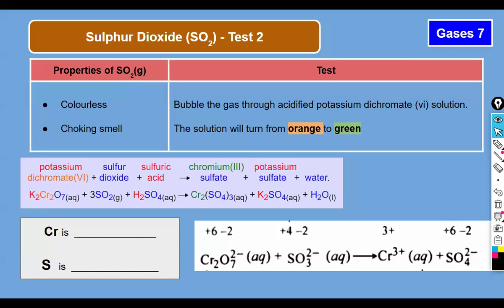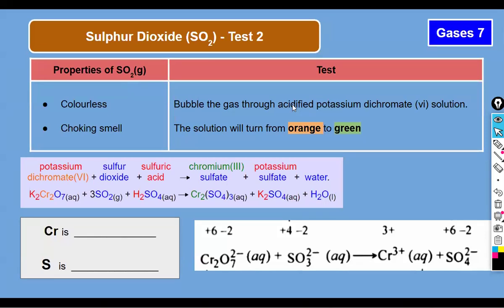All right, so now there's a slide here that looks like it came from the depths of hell. Don't worry, don't worry. It's almost the same concept. There's going to be a change in oxidation number. So once again, we know SO2 is colorless and has a choking smell.